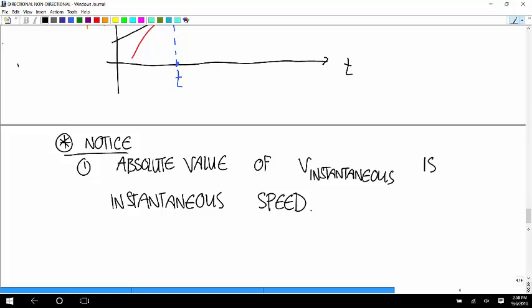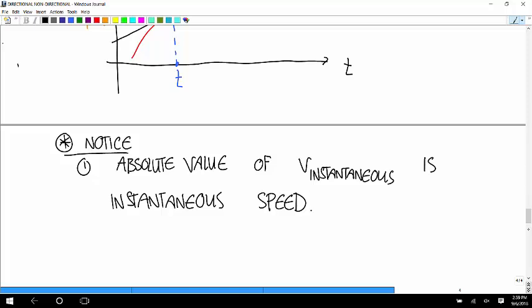Okay, so velocity can be positive or negative. That tells you something about the direction. But if you get rid of the sign and just take the absolute value, it would tell you what the speedometer in your car tells you at that instant. So instantaneous speed is instantaneous velocity without the directional information attached.